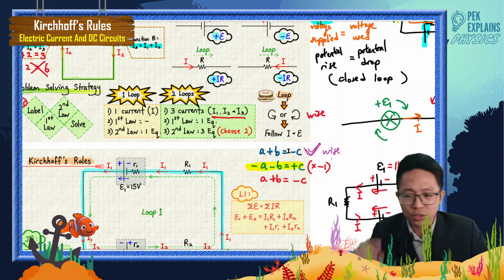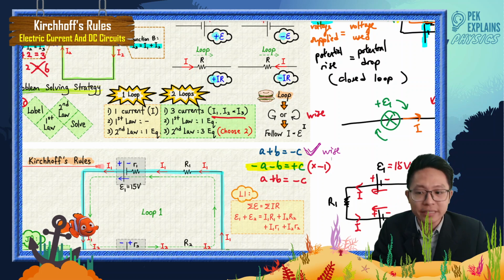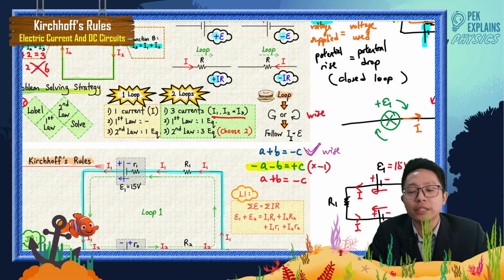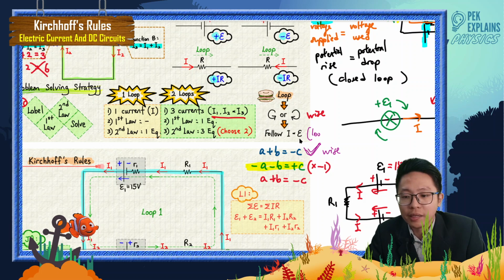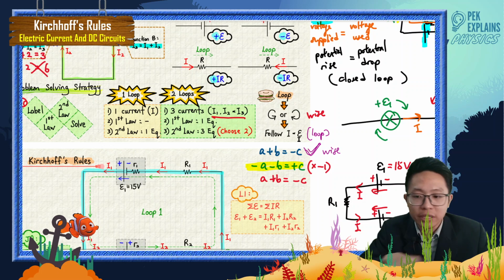Understand? So how to pick a wise decision? Try to follow the direction of the current and the direction of the EMF in that loop. Try to follow the majority of the battery directions, the EMF direction, and the majority of the current direction.